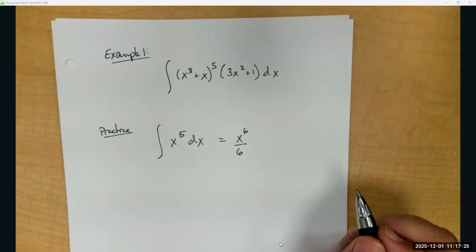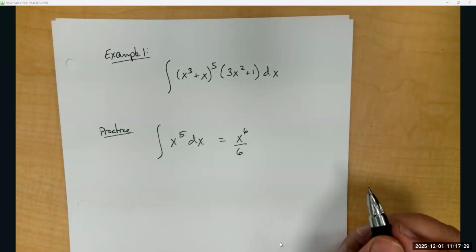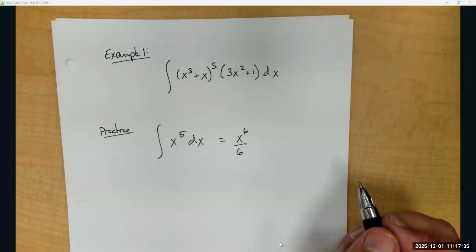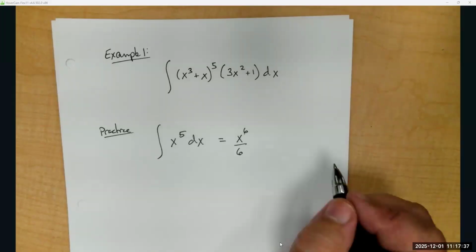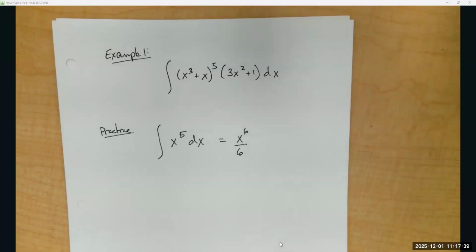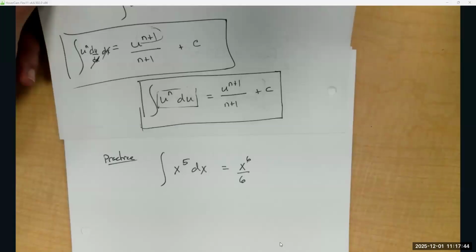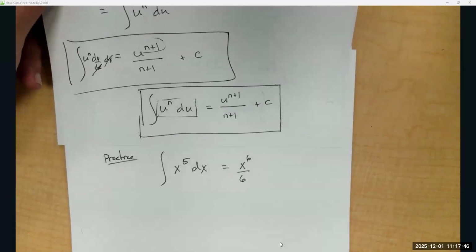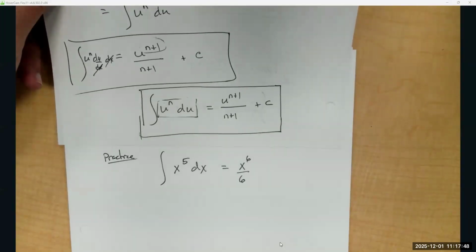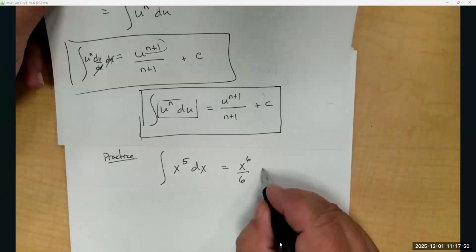No. You're falling into the trap that every student in calculus always falls into. Look at the formula we just defined. What is missing in your answer that we have? The constant.